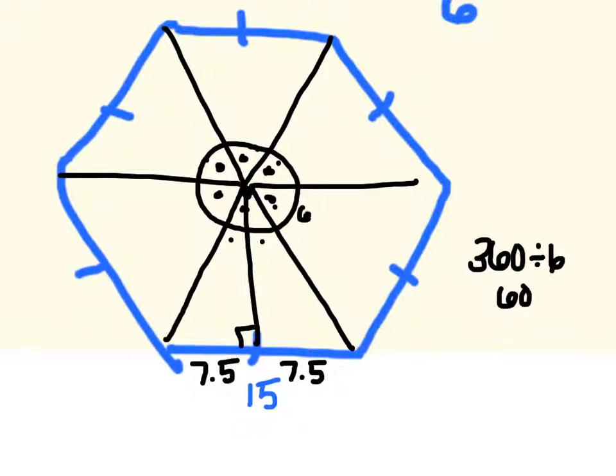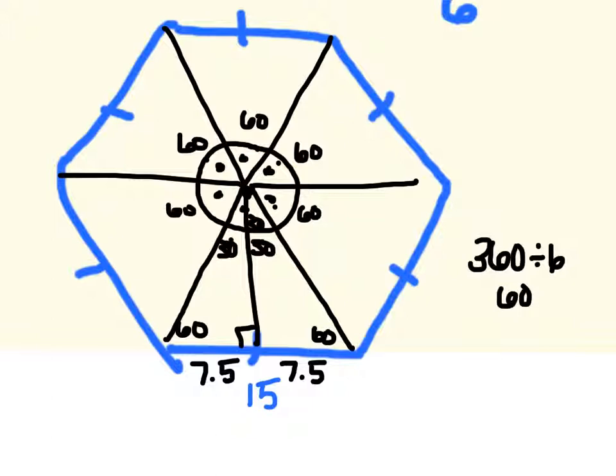So that's the measure of each of these angles in here. Well, when I drew the height in of this triangle down here, I cut that angle into 2 equal parts. So those are 30 each, which makes this one a 60. And hey, look at what we have. We have a 30, 60, 90 triangle.